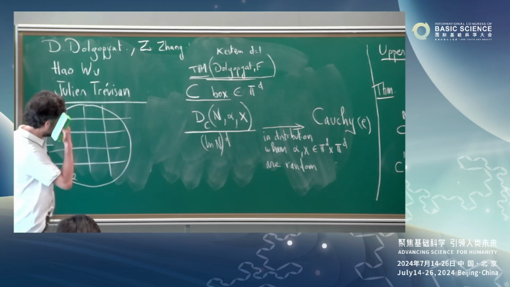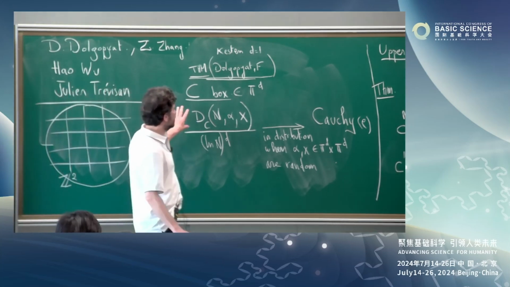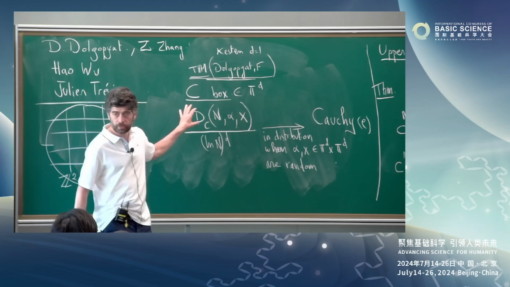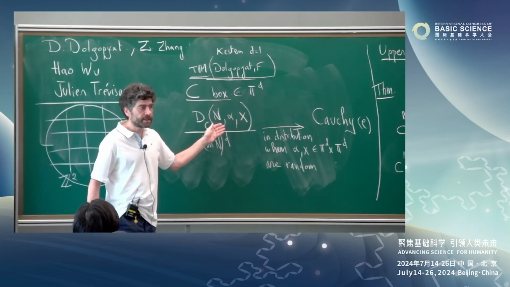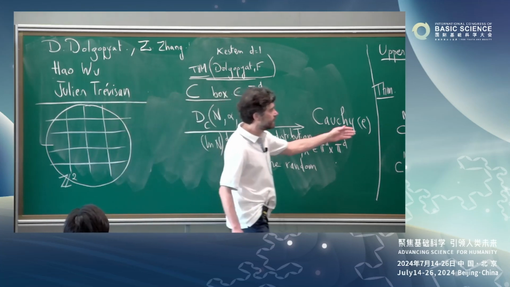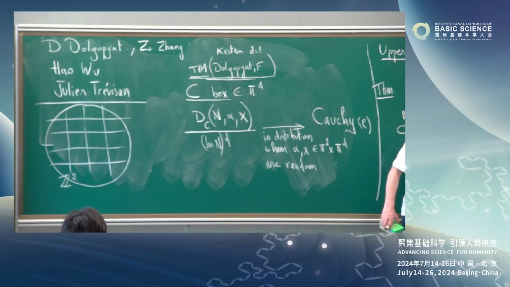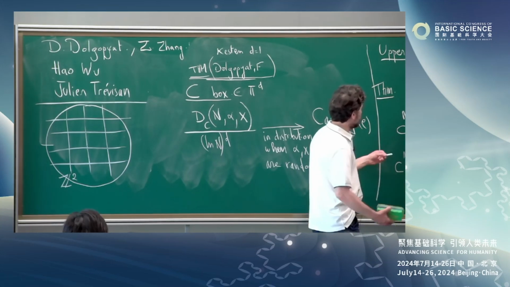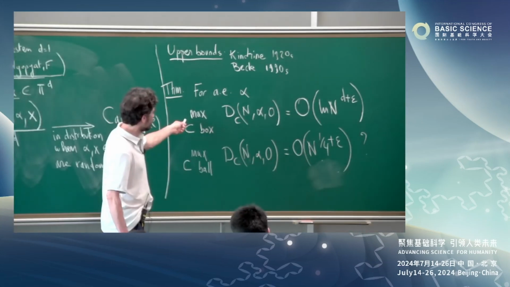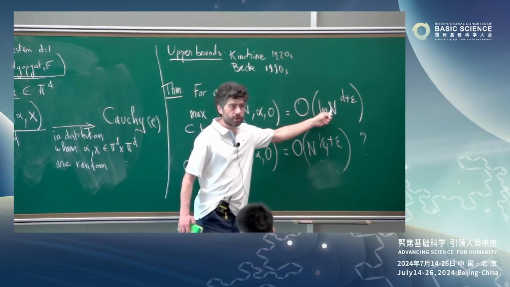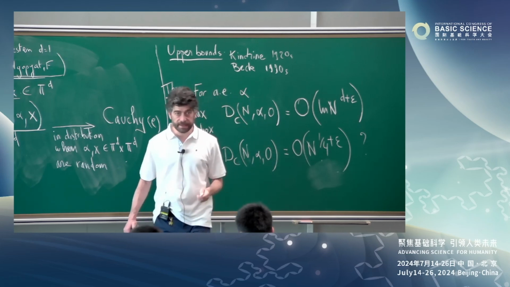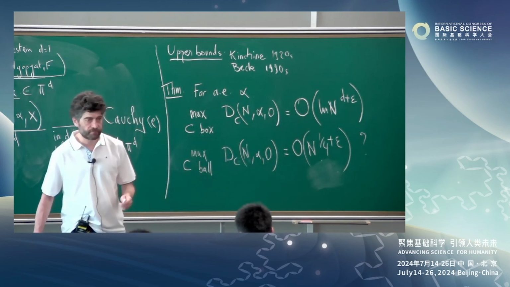This is saying that this quantity, the error term, if you look at it on average in alpha and x, does behave like (log n)^d, which is the worst case scenario. By the way, if you like open questions, it is not known whether the minimum of the discrepancy is (log n)^d for almost every alpha.